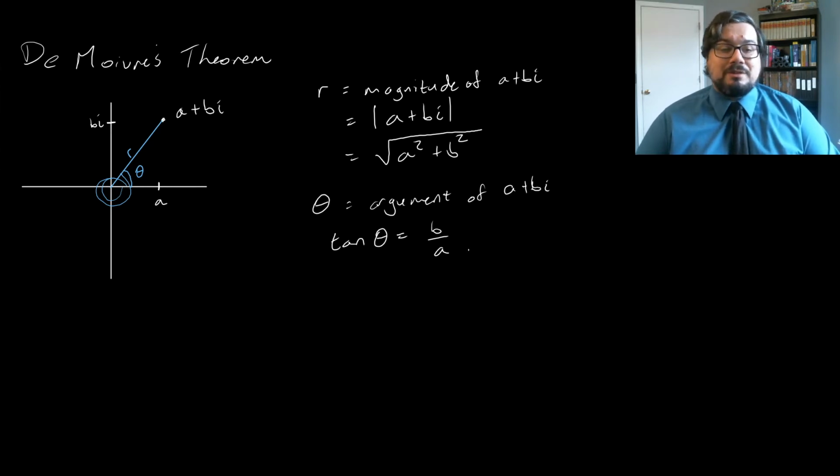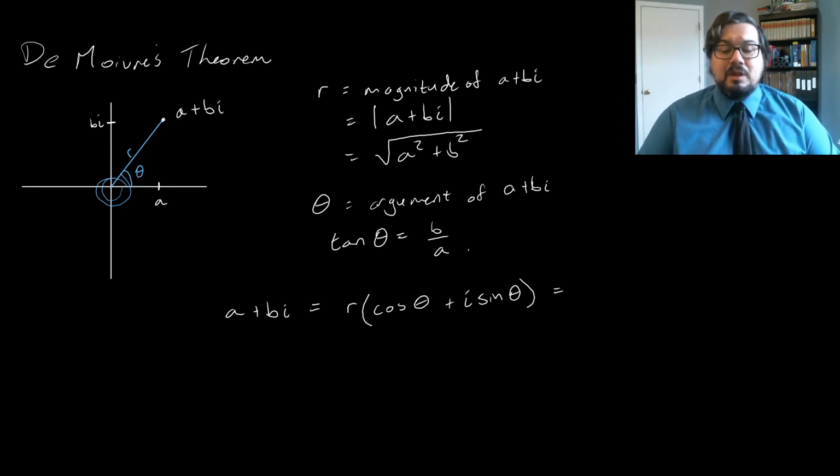Now, one of the major advantages of writing down the argument and the magnitude is it allows us to write down the complex number a plus bi in trigonometric form. And what this looks like is that a plus bi works out to be equal to r times cosine theta plus i sine theta, often abbreviated as r times cis theta.